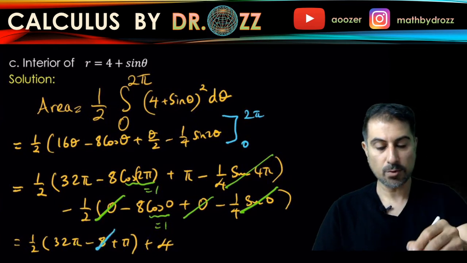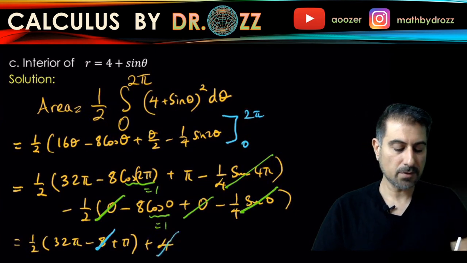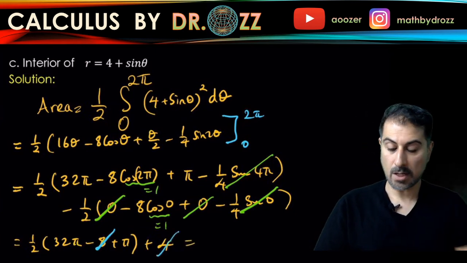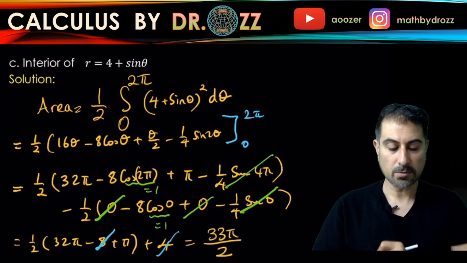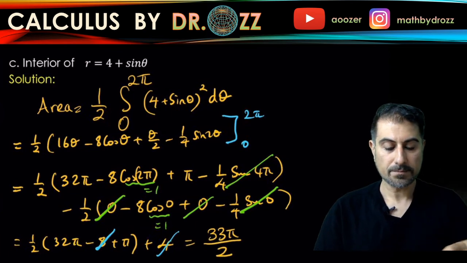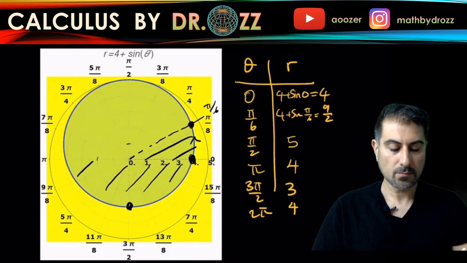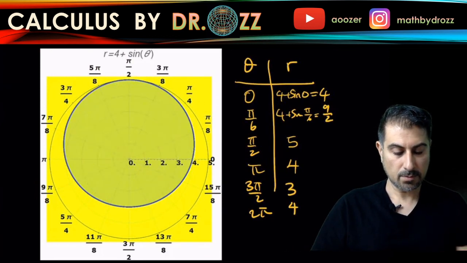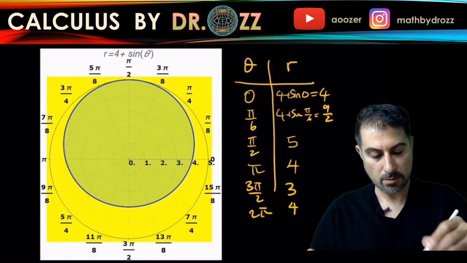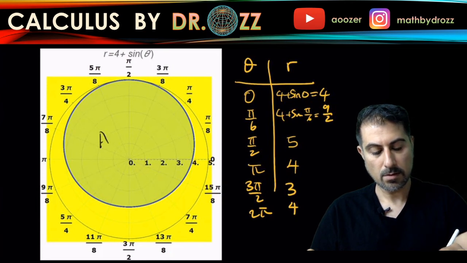That cancels this 4 here. So eventually we have 33 pi over 2 for the area of the circle here. I think that's almost the end of it. So the area is 33 pi over 2.